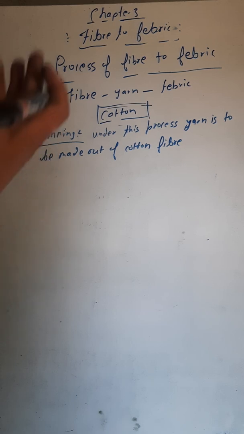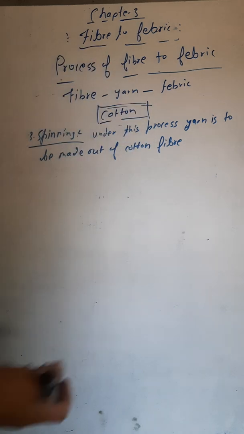Previously we were using the takli for spinning, for making the yarn. Okay, but later, after the discovery of the charkha, we used to spin the cotton with the help of the charkha. And this charkha became very important during the freedom struggle of Mahatma Gandhi, it became an icon at that time.